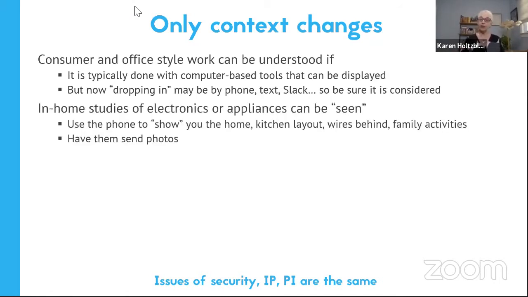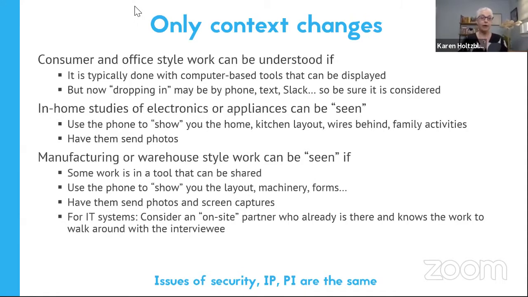In-home studies, as we said, can be seen. So you can show everything, even the wires behind the TV, the family activities, sit the tablet on the couch and watch television with them or play a game, whatever it is, and they can take photos and send it to you. All right, what if we're doing manufacturing or warehouse work?